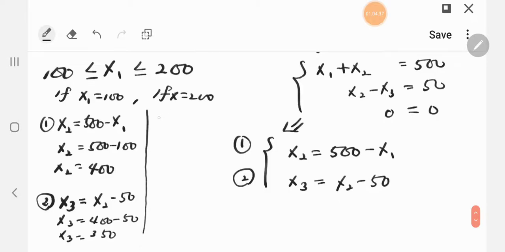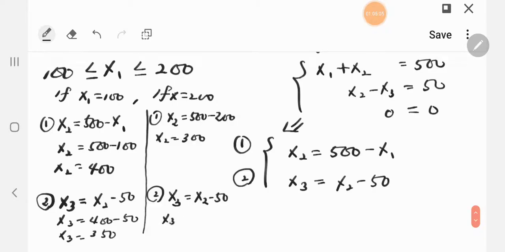Now if x1 equals 200, from the first equation, x2 will be 500 minus 200. So x2 is equal to 300 cars. And from the second equation, x3 is x2 minus 50.